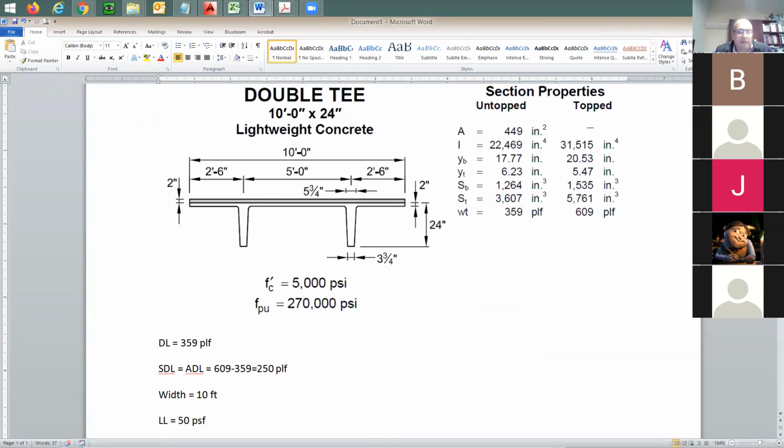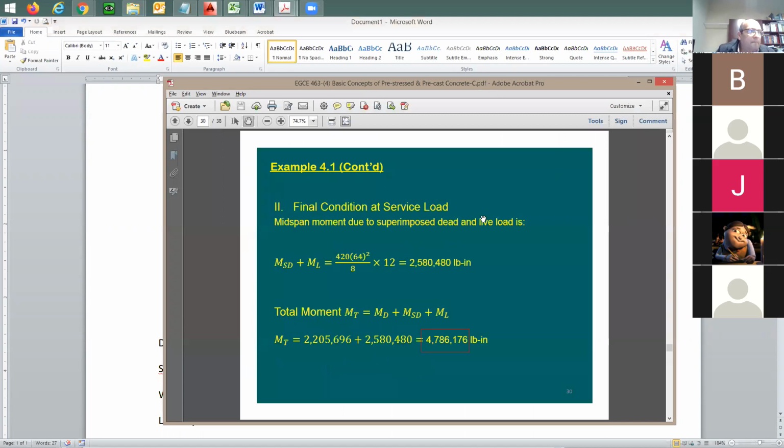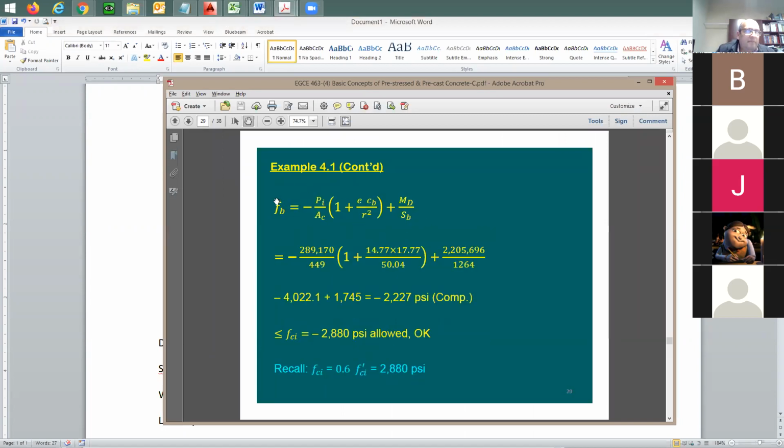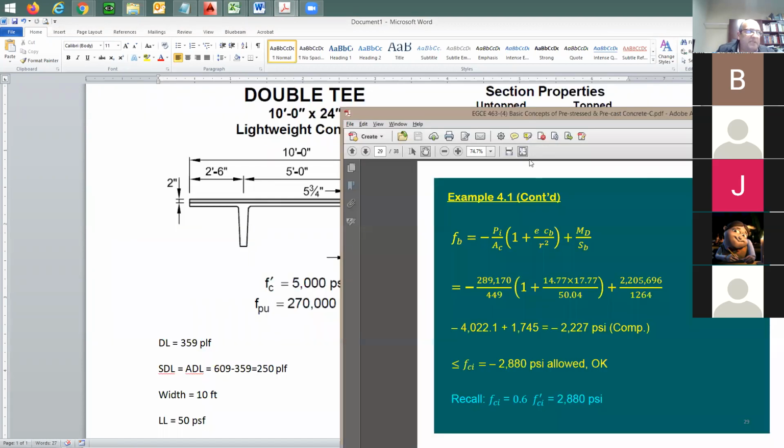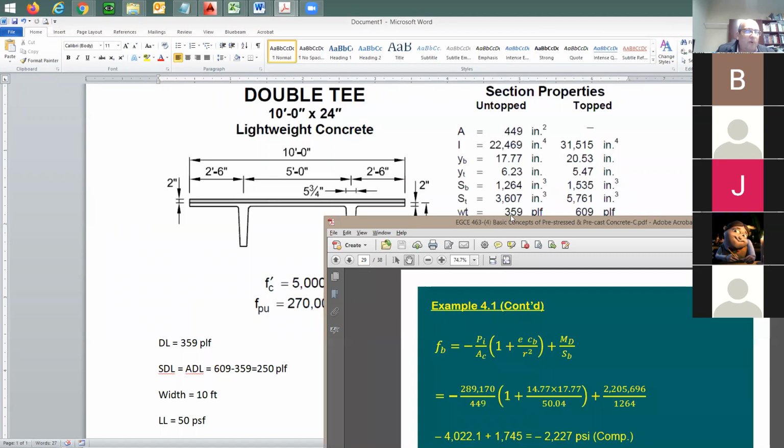Meaning, when I use this equation here for PI and dead load, this is going to be okay. I have no problem. I'm going to be using these properties on top. For the dead load, I'm going to be using 359, which means the self-weight. This is before, right?